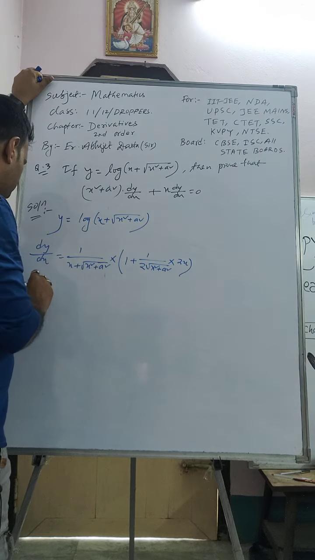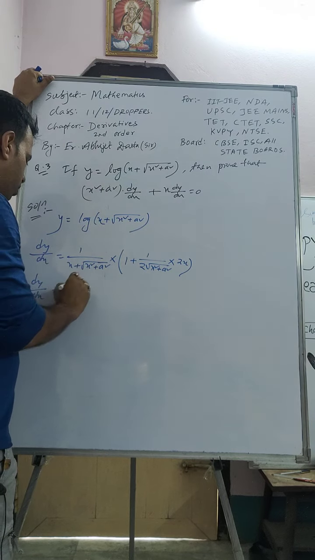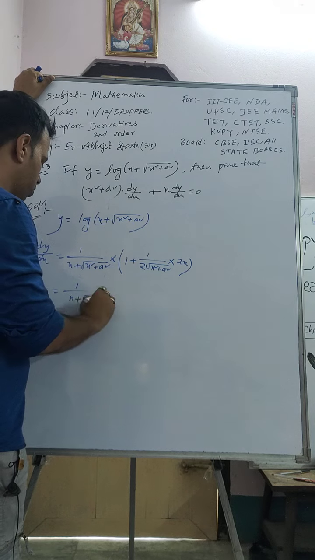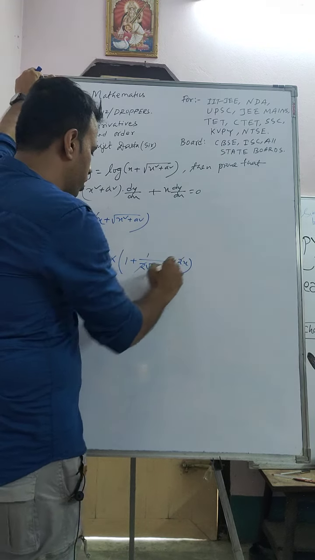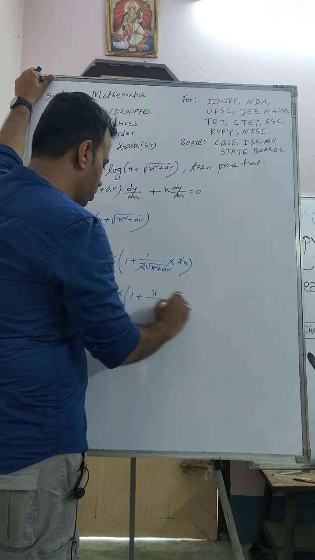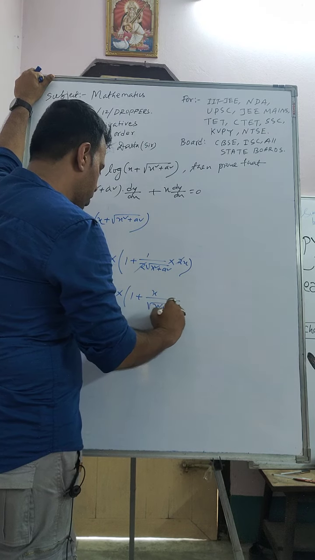Okay, dy dx is 1 by x plus root over x square plus a square. 2 will cancel out, and it will be 1 plus x by root over x square plus a square.